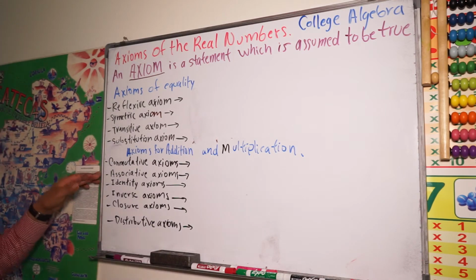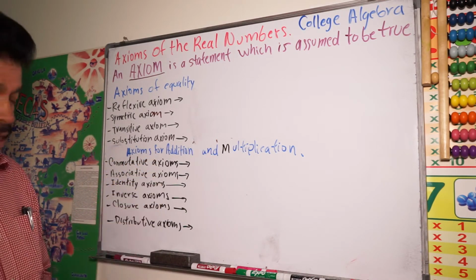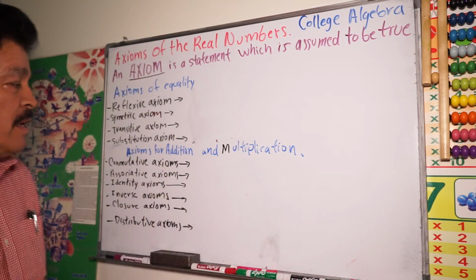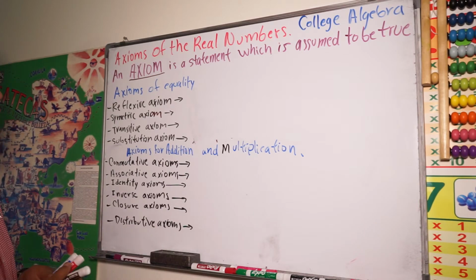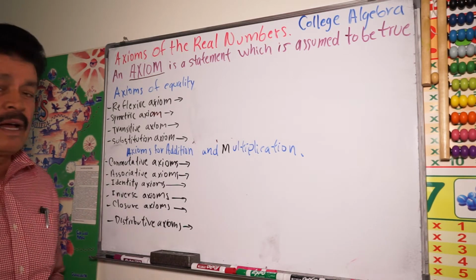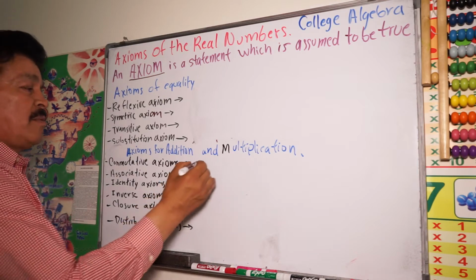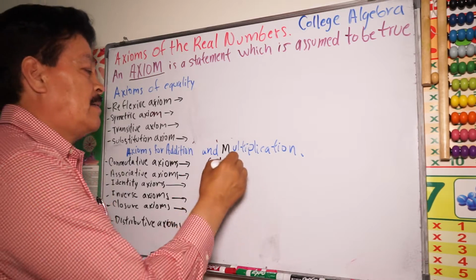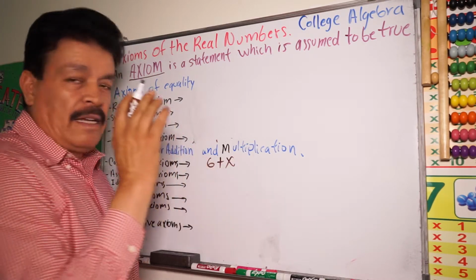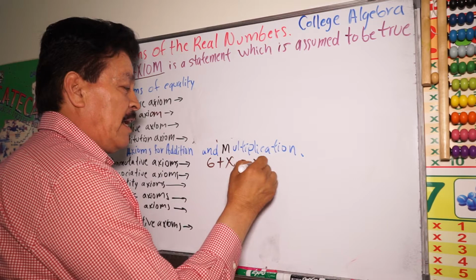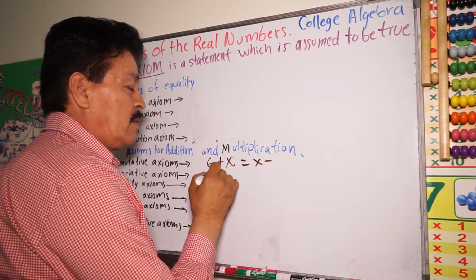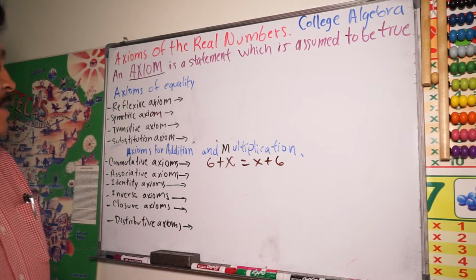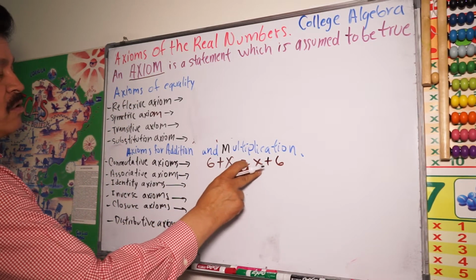The first ones belong to addition and multiplication. Just some ideas before we start our class. You have to know these mathematical rules, right? Commutative axiom is, for example, when you have 6 plus x, then it equals x plus 6.